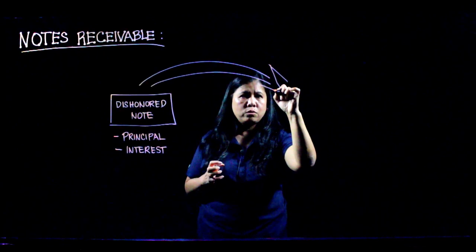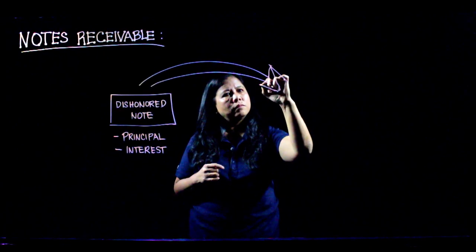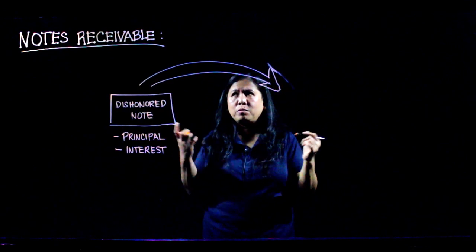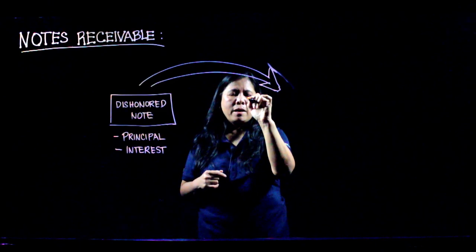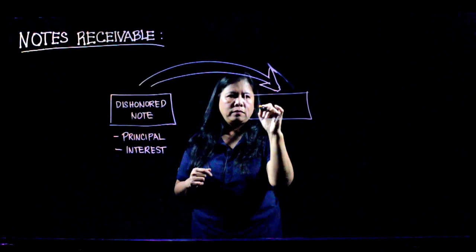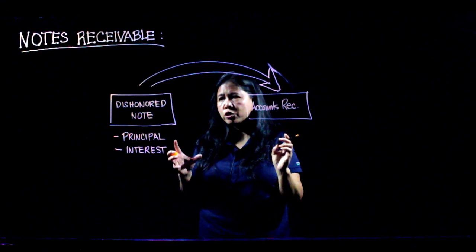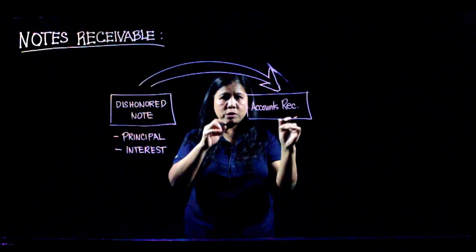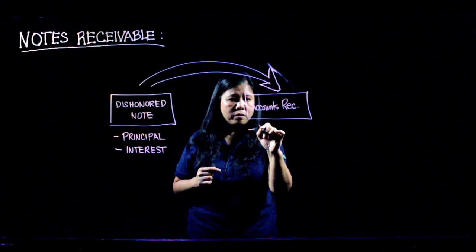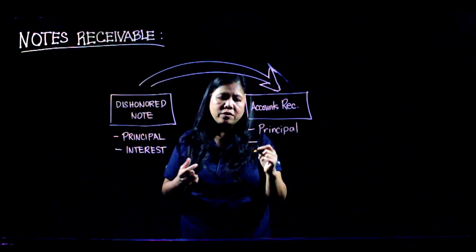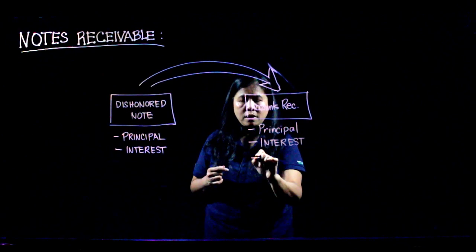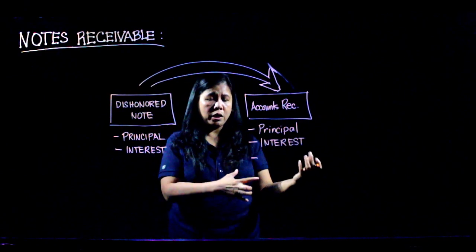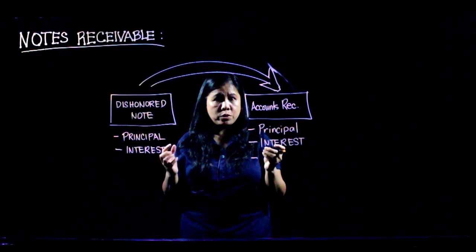What we do with the dishonored note is we transfer it into the accounts receivable. When you transfer a dishonored note into accounts receivable, the accounts receivable will now have the principal, the interest, and any fees or charges by the company to the maker of the promissory note.